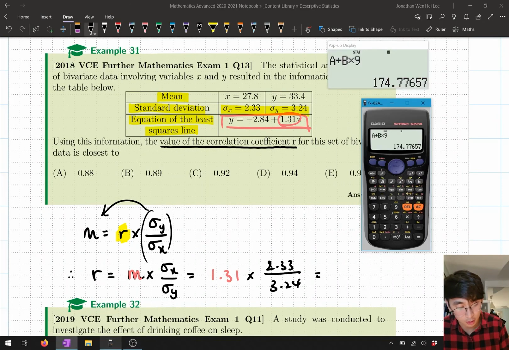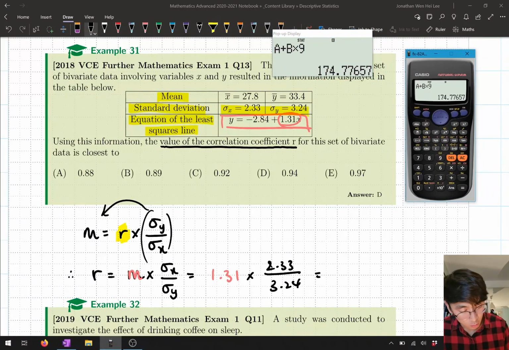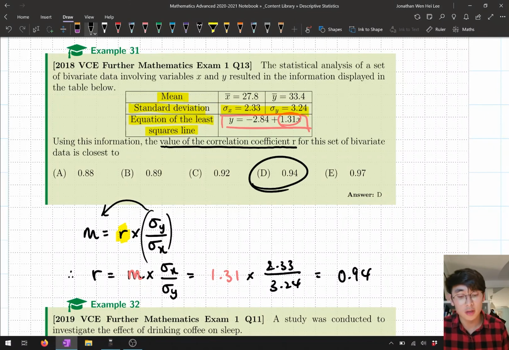I'm going to go to comp mode so I can do this calculation a little easier. 1.31 times 2.33 over 3.24, and that gives me 0.94, which is D.